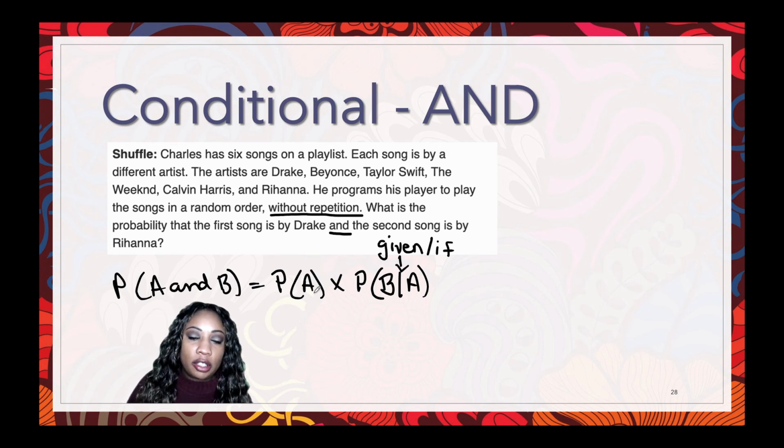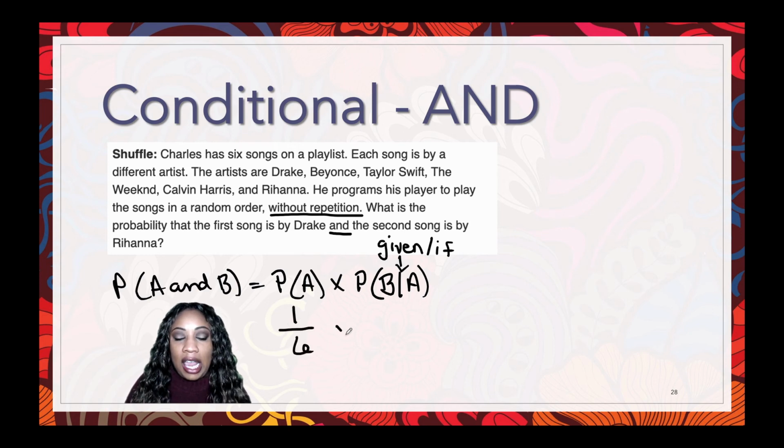Is important. So, now, the first song is by Drake. We have 1 out of 6. And the second song is by Rihanna. We have 1, but they're not going to repeat. So we only have 5 artists left. So then we multiply that and we get 1 out of 30.